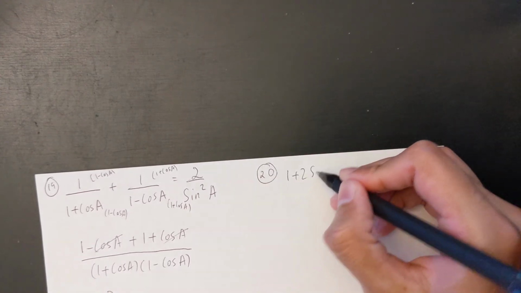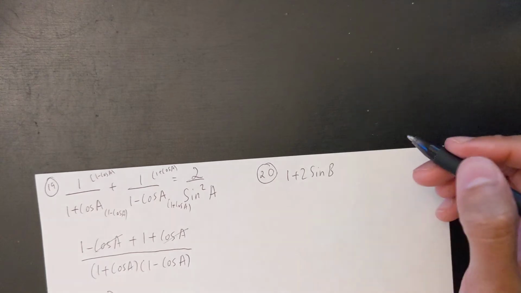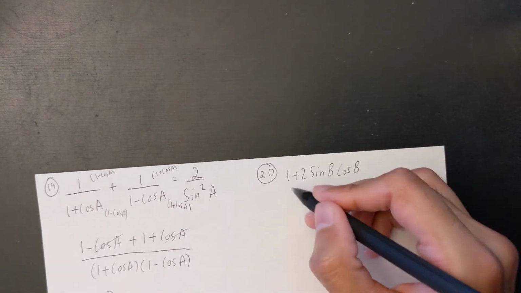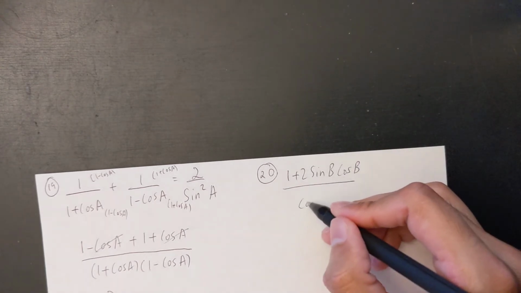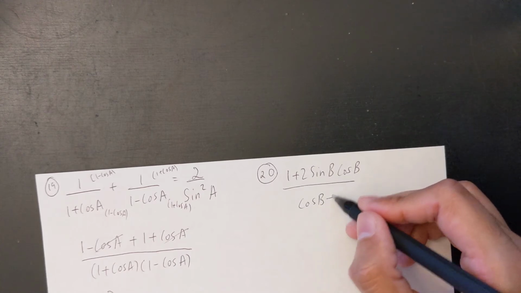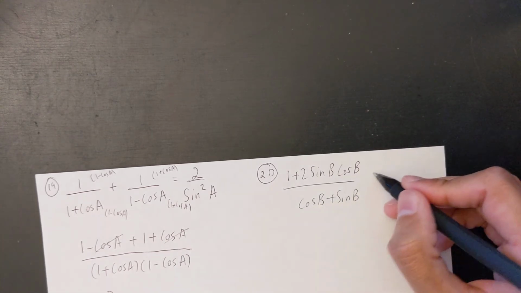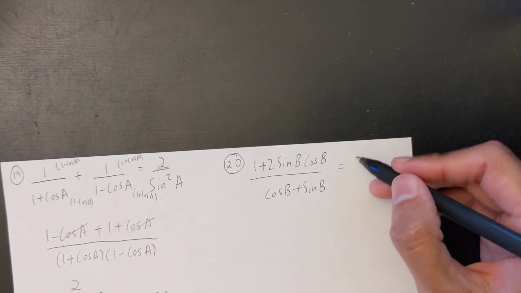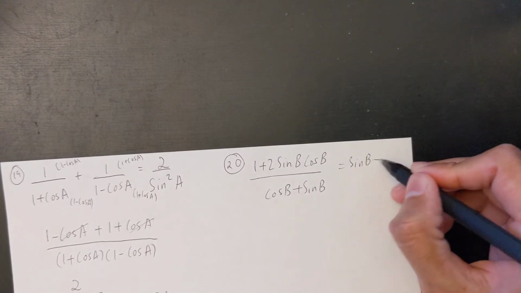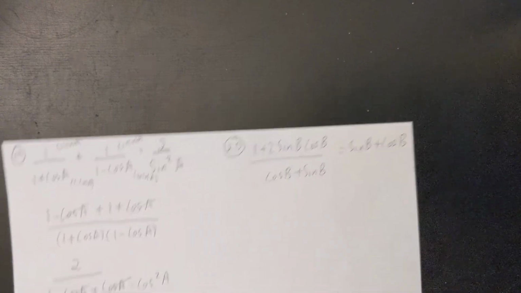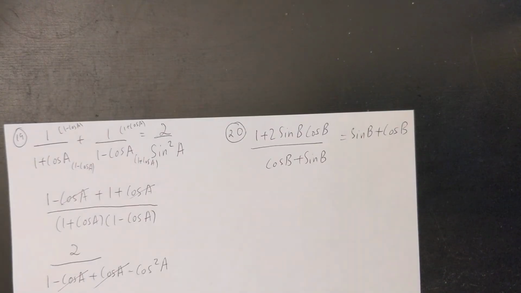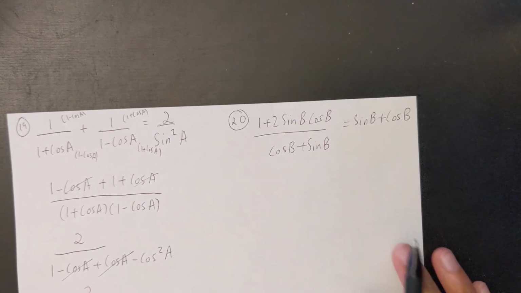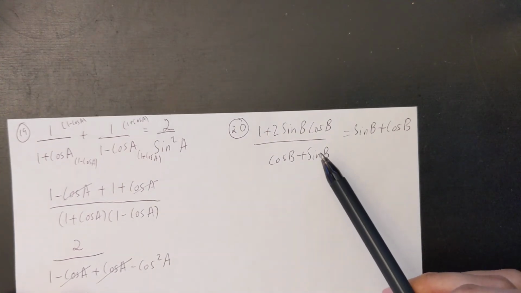One plus 2 sine B cos B over cos B plus sine B equals sine B plus cos B. Okay, so here is a really hard one.